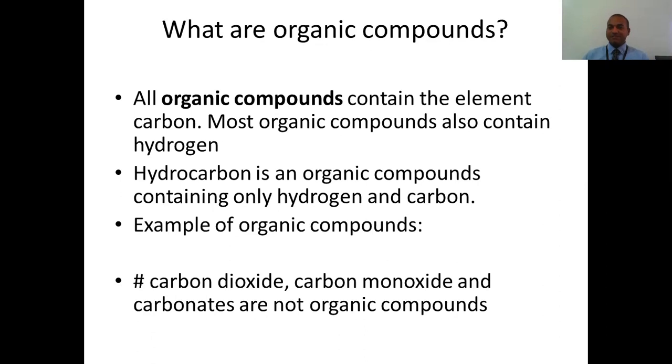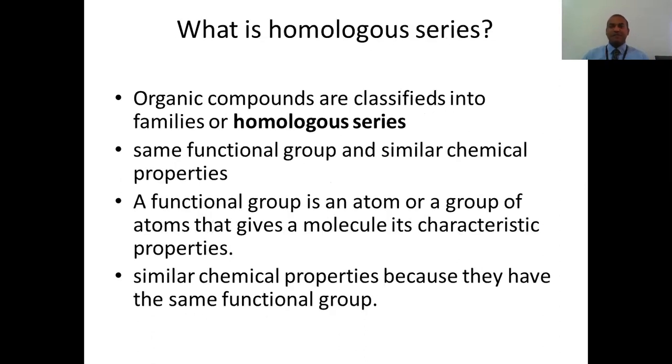The next question. What is a homologous series? Some of us know that homo means similar, and probably we have heard about logarithm in mathematics. So it means the same log. Organic compounds are classified into families, or homologous series.